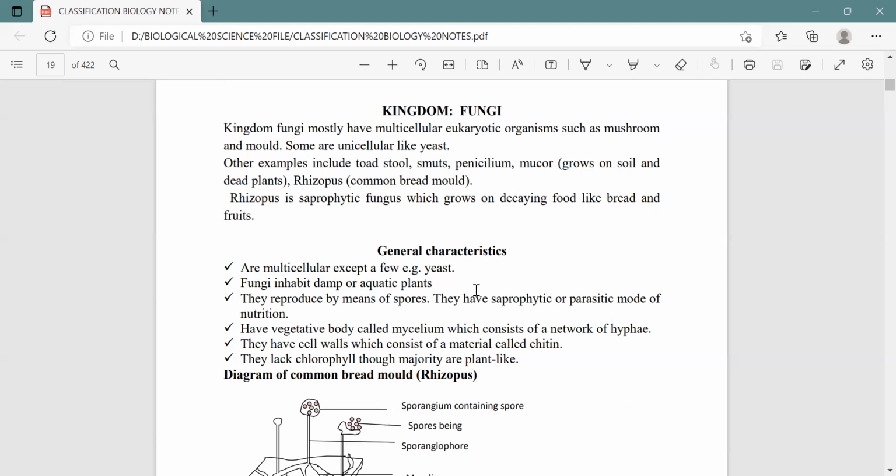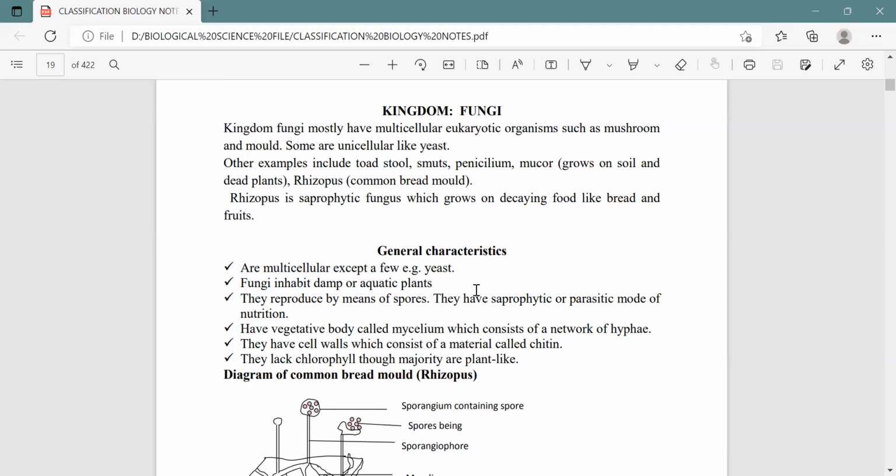Then you will find after 2 to 3 weeks, your bread covered by the bread mold. It is that bread mold which we call Rhizopus, because it is saprophytic. That means it feeds on dead, decaying organic matter in that bread.